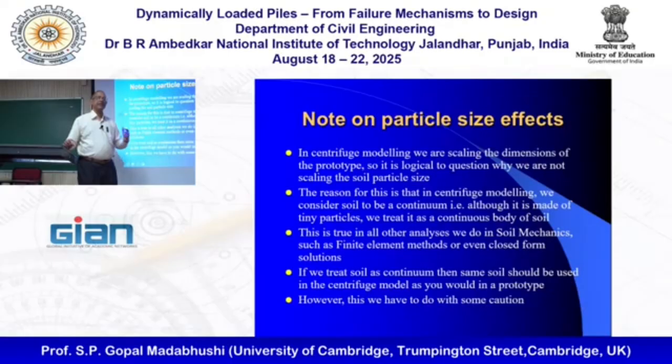Now I want to model this in the centrifuge. I can do it at 100 G, then the diameter of the pile will be 5 millimeters. Suppose I do it at 200 G, it will be 2.5 millimeters. What we're saying is that by increasing the G, I can basically put a knitting needle into the ground and call it a pile. That doesn't feel right, does it?